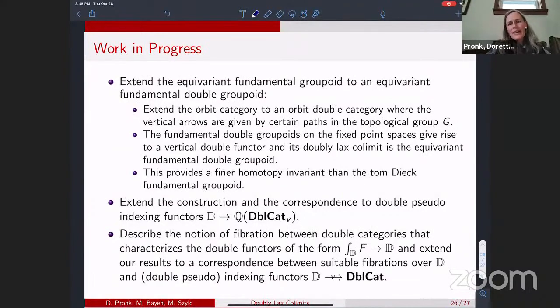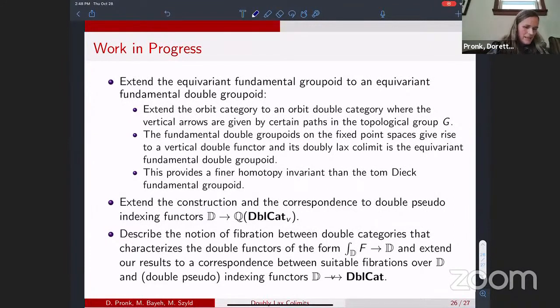It's just a matter of how you write this up in a way that is not going to become incredibly technical. And on the other hand, we have a couple of examples in mind where it would be nice to have that worked out, and also to be able to make more connections with the two categories with pseudo functors and so on. So there's work to be done there.